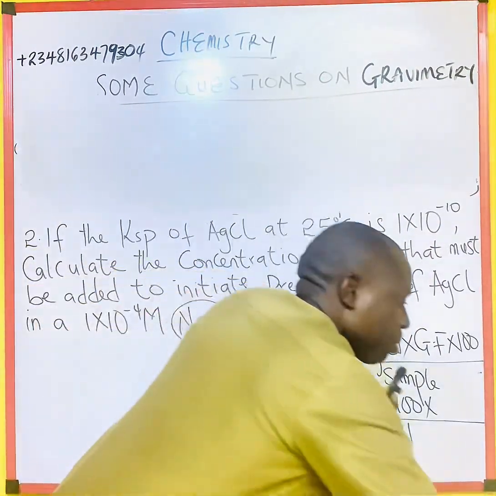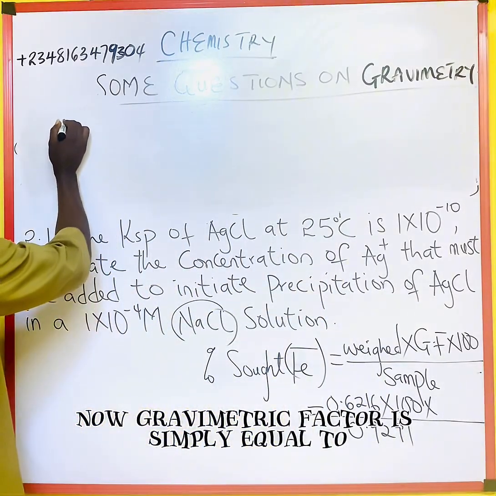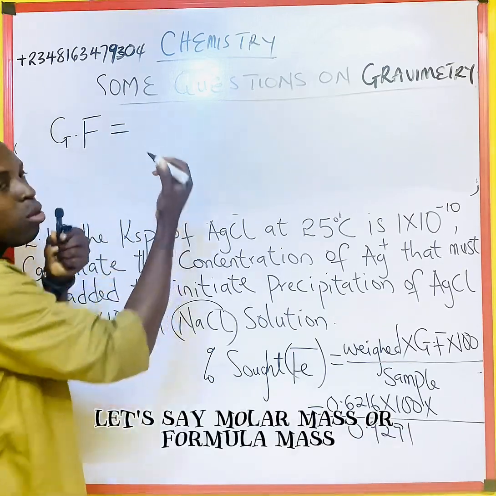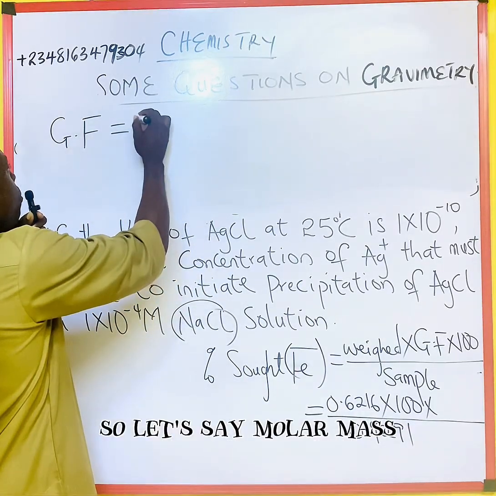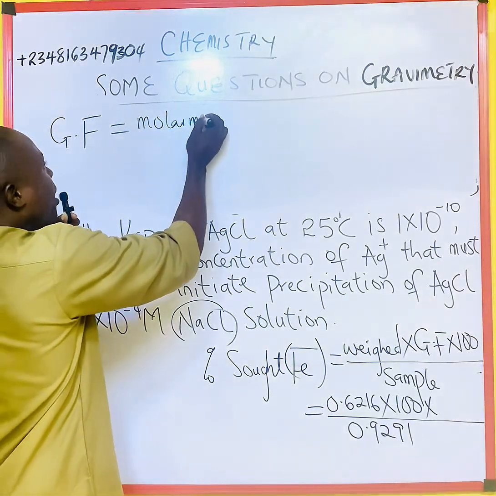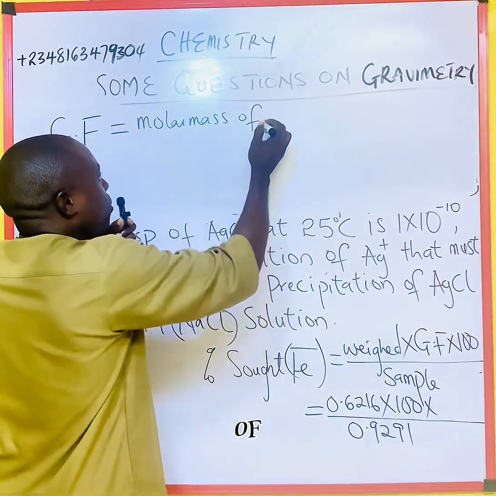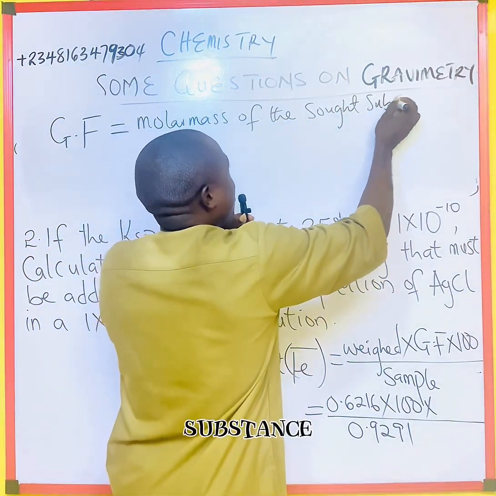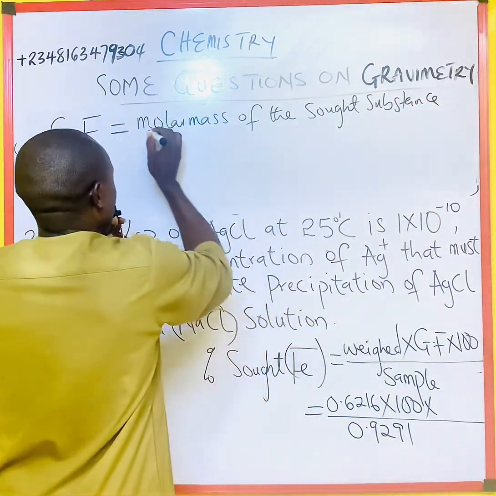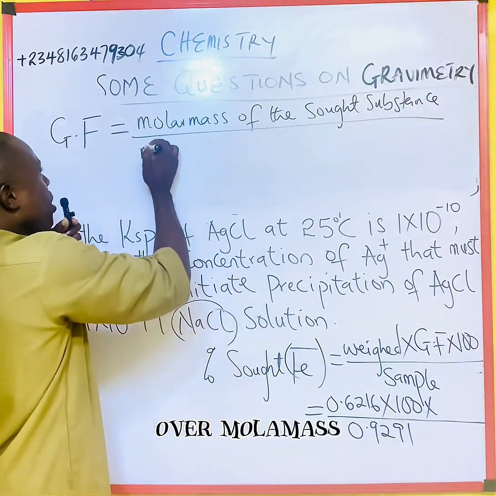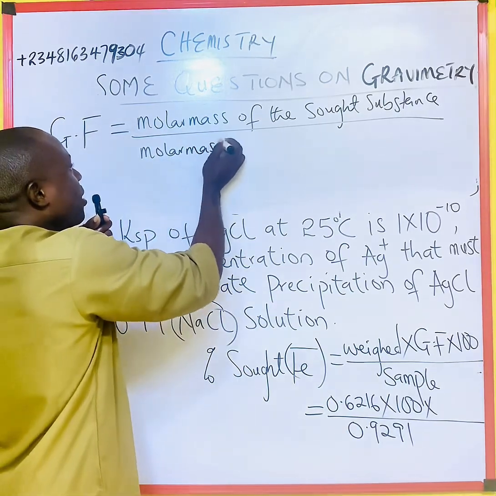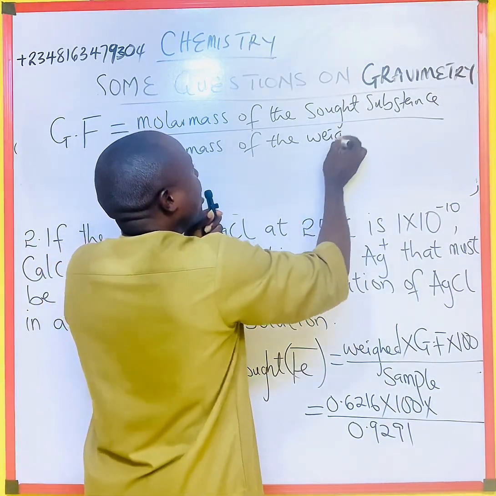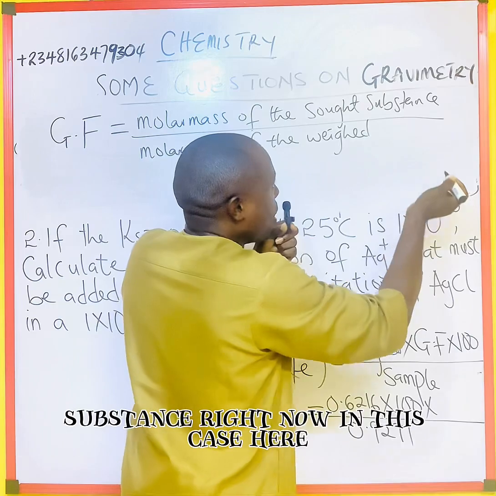All right. Now, gravimetric factor is simply equal to the molar mass, or formula mass, of the salt substance over the molar mass of the weighed substance.